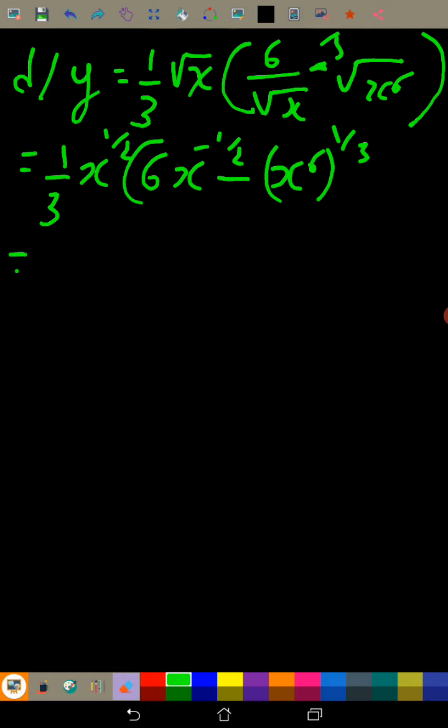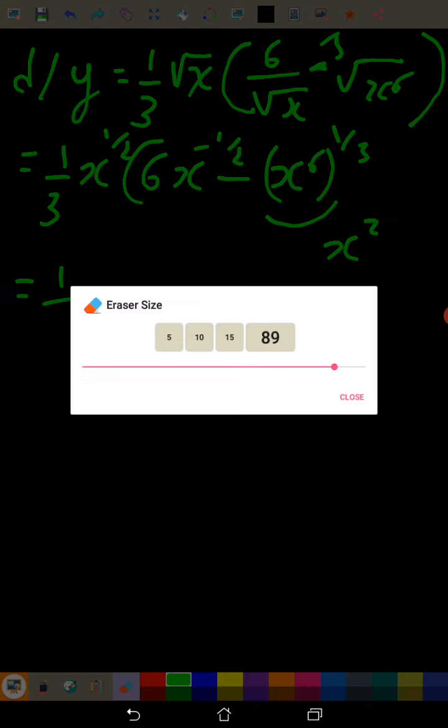So if we do this, because this time this is just x to the power of 2. Yeah, should be just like that. So we have 1/3, 6 divided by 3, that gives us 3.